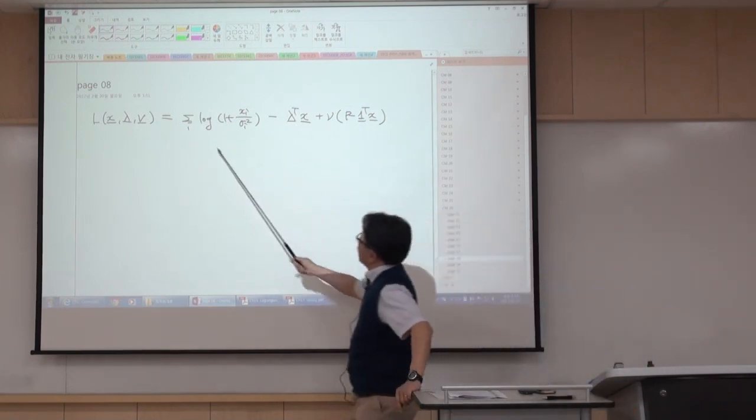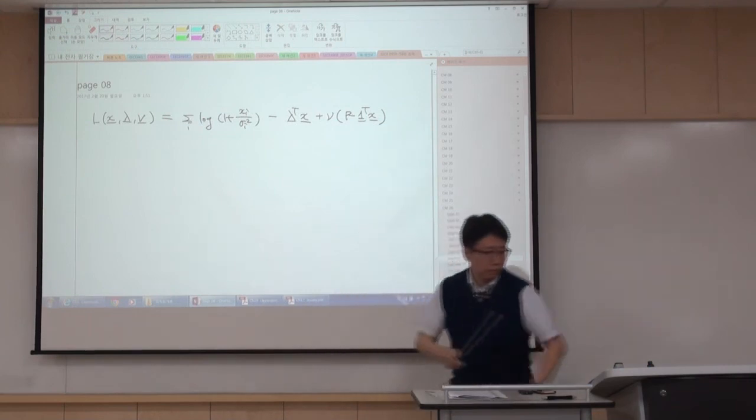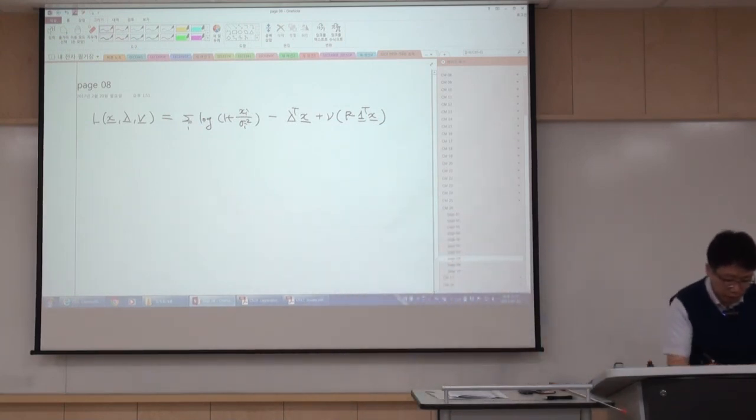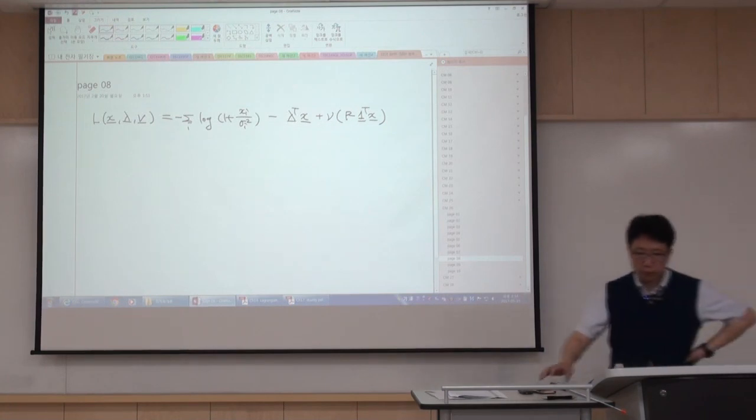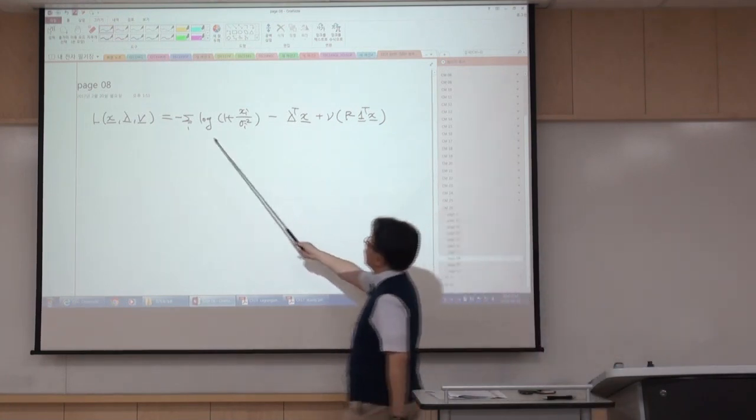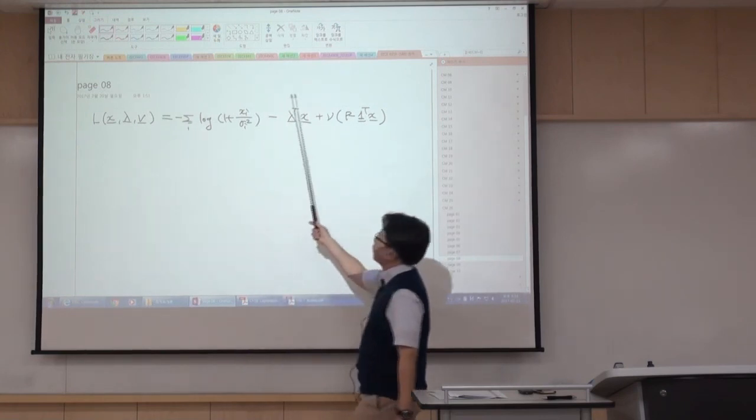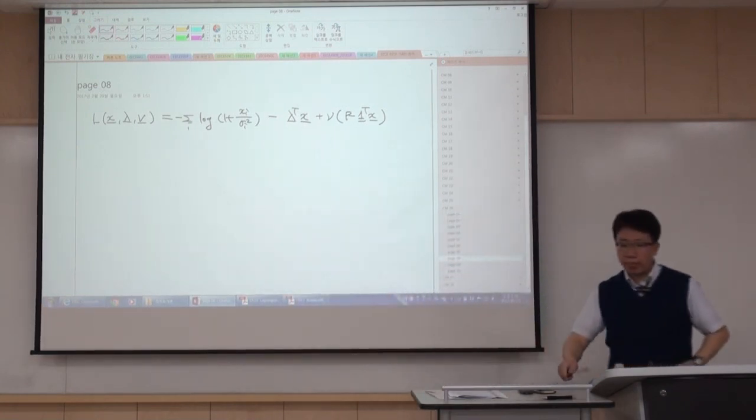Okay. See that? I'd better use it like this. Here, minus, right? Then the objective, and we subtract, right? Got it?